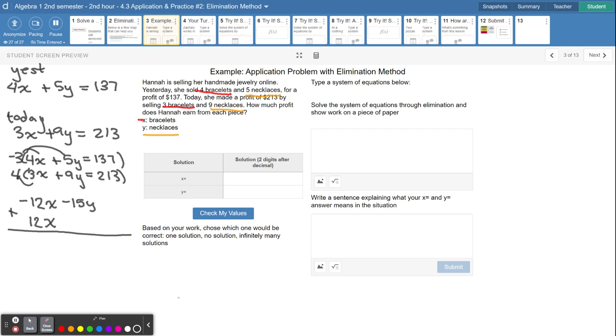times 137 and negative 411. This gets me positive 36.